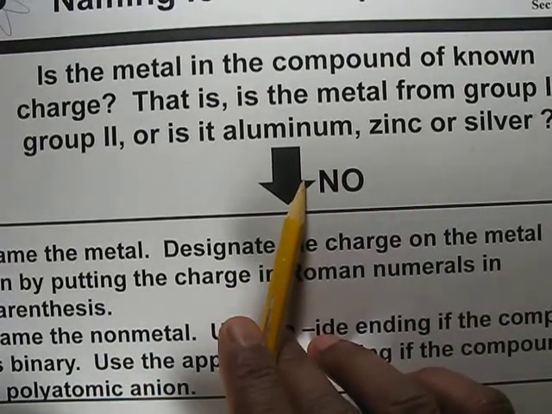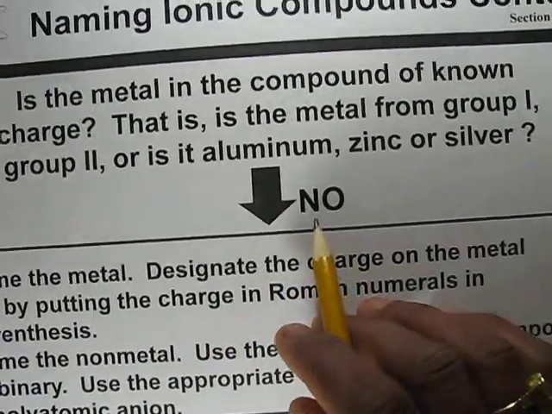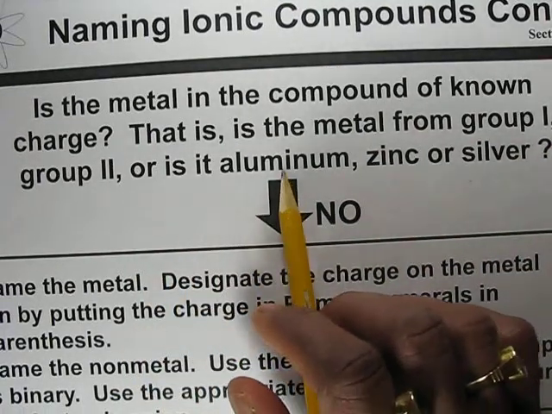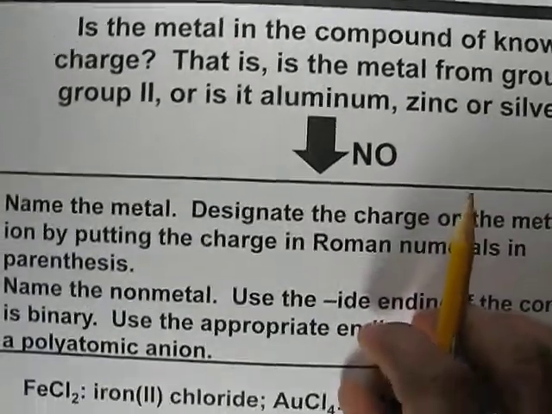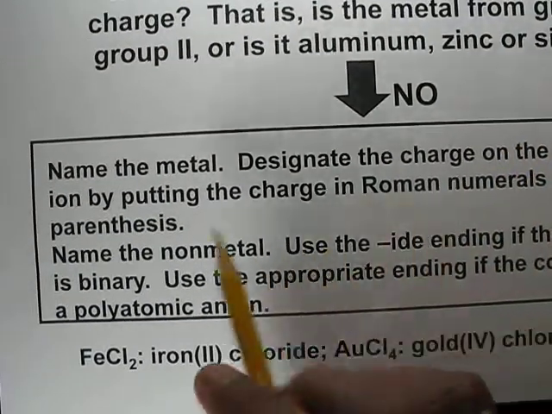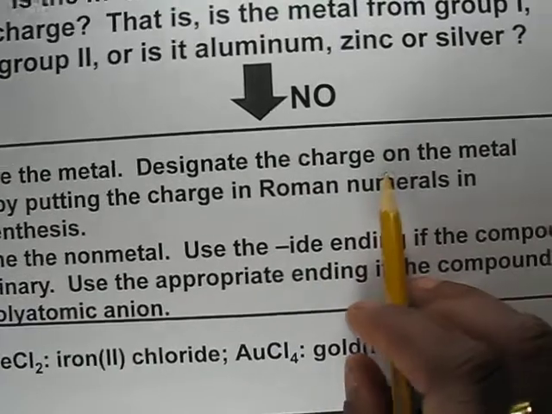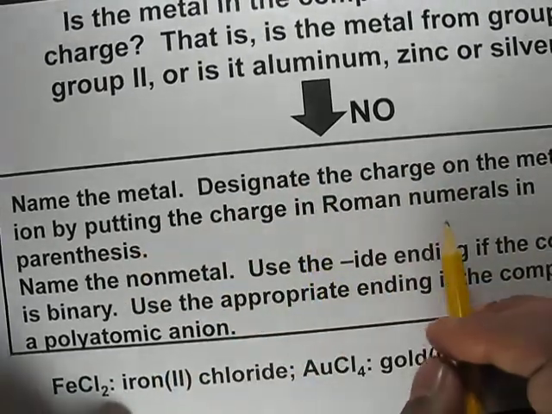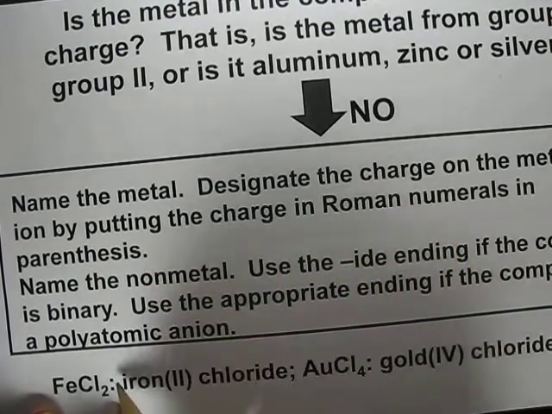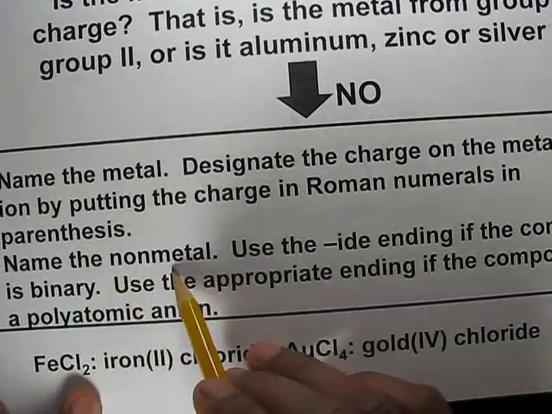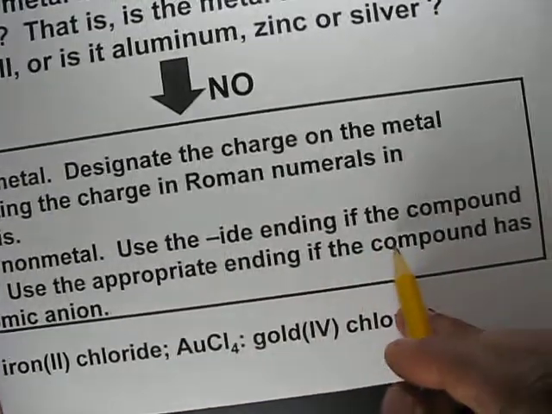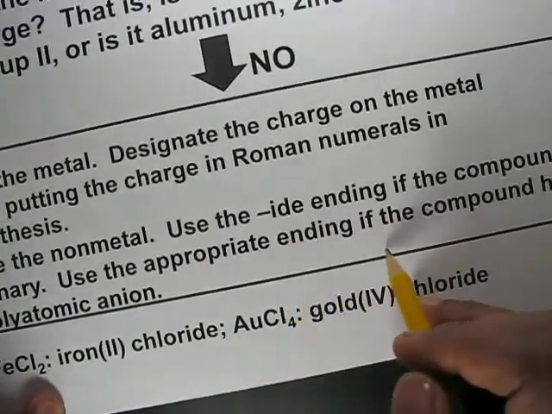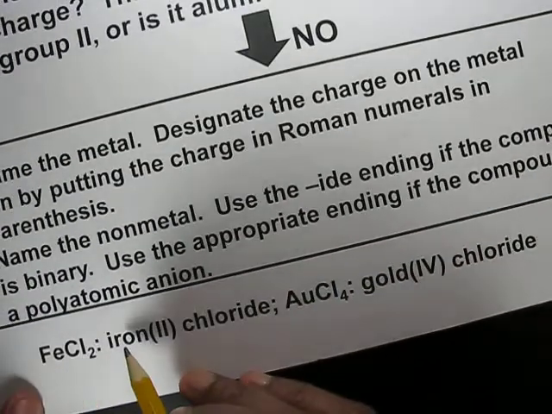If no, if the metal does not come in group 1 or group 2 and is not aluminum, zinc or silver, then how will we name it? Designate the charge on the metal ion by putting the charge in Roman numerals in parentheses. And second, name the non-metal, using the "ide" ending if the compound is binary, or the appropriate ending if the compound has a polyatomic ion.